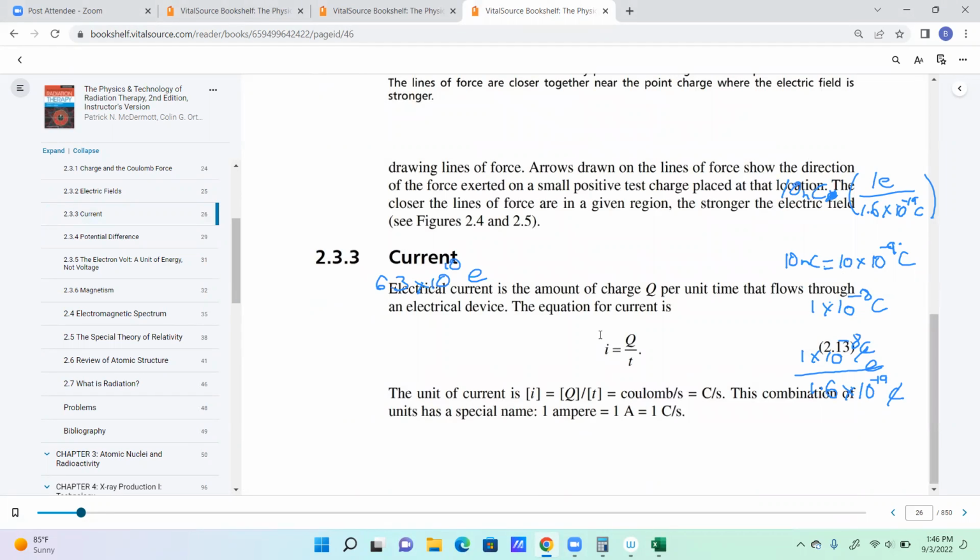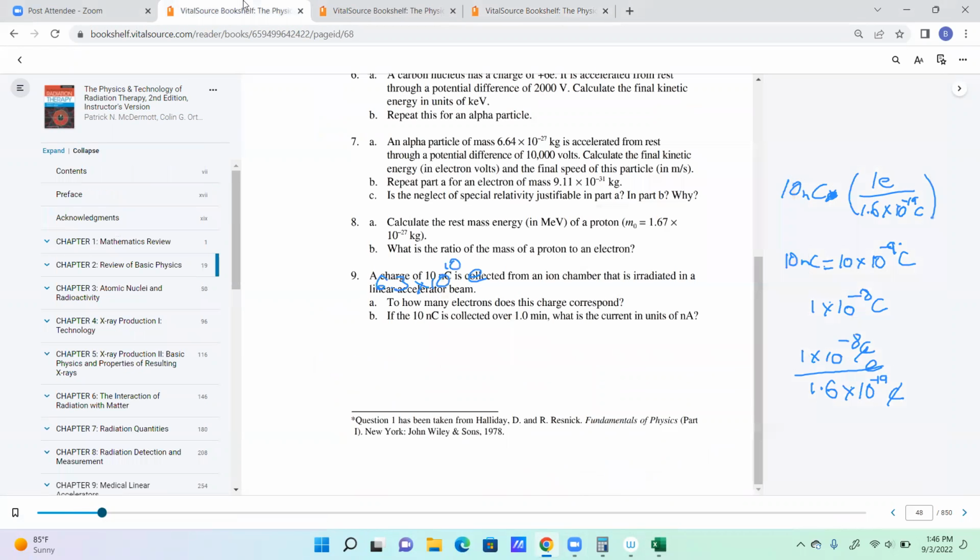You will notice that the current, or amps, is going to be coulombs per second.